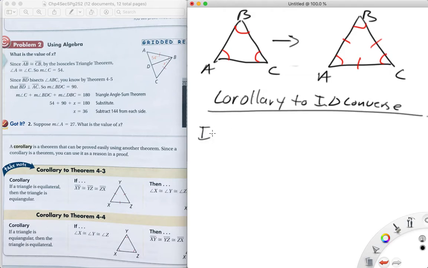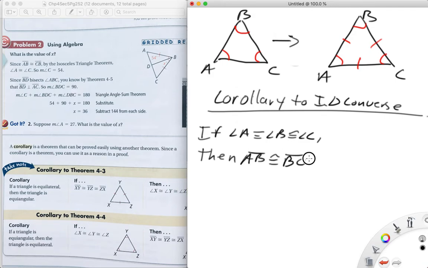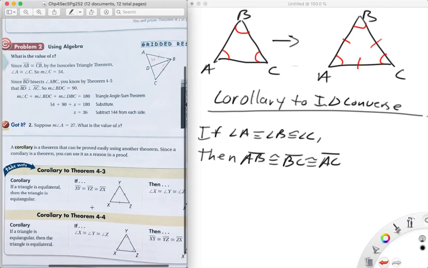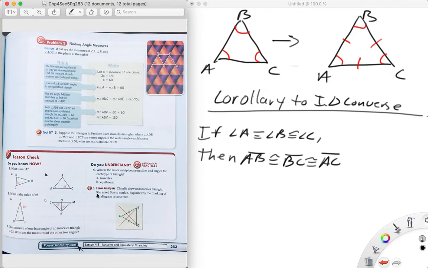So if angle A is congruent to angle B is congruent to angle C, then AB is congruent to BC is congruent to AC. If a triangle is equiangular, then the triangle is equilateral. Okay. And with that, you can do various mathematical things.